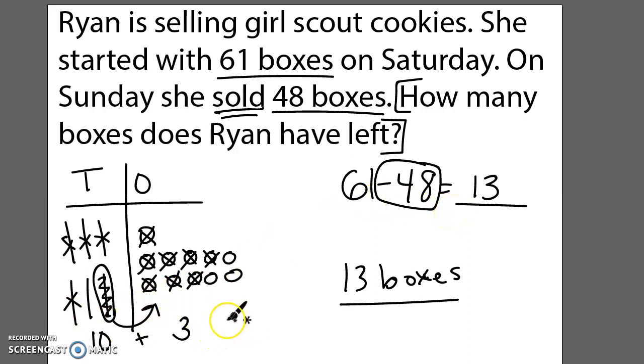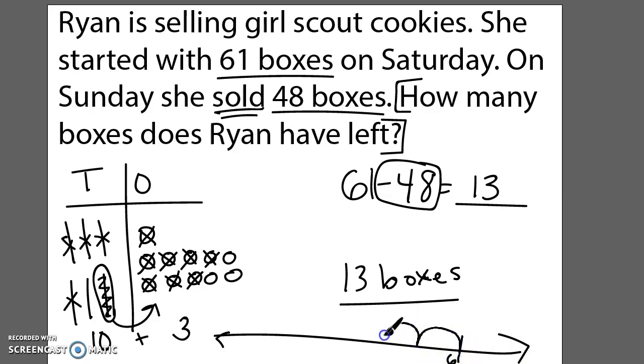And for those of you who like a challenge, on an open number line, it would be the same exact thing. There's 61, taking away 10, 20, 30, 40. So that's 61, 51, 41, 31, 21, and then here's our 1s, 1, 2, 3, 4, 5, 6, 7, 8.